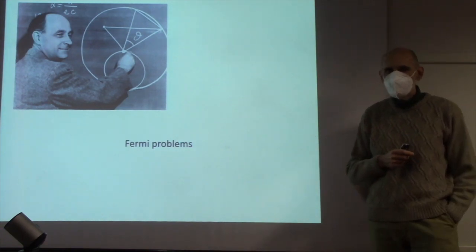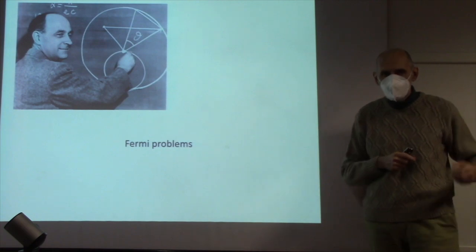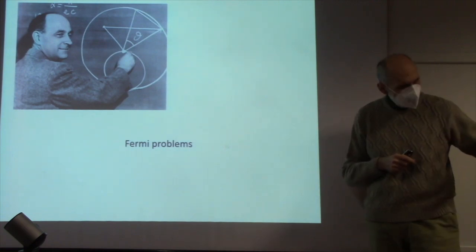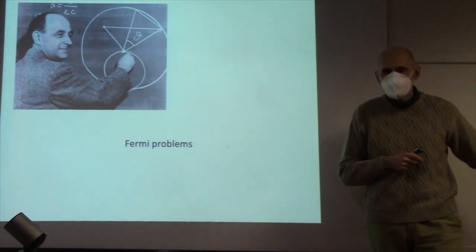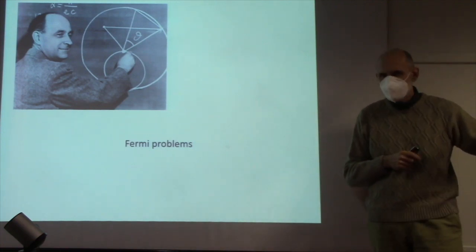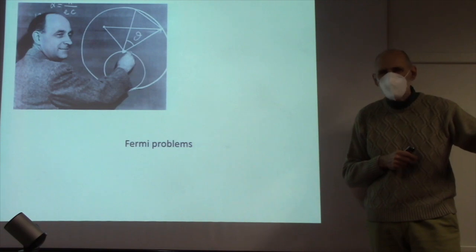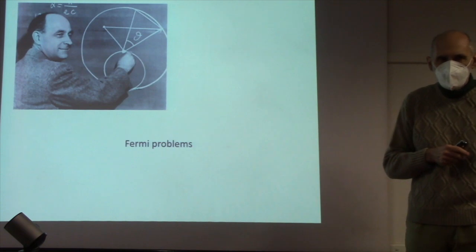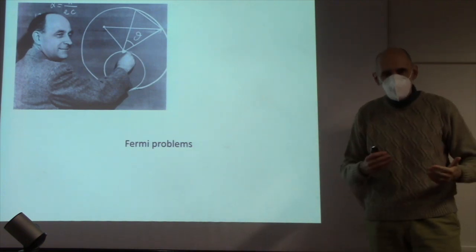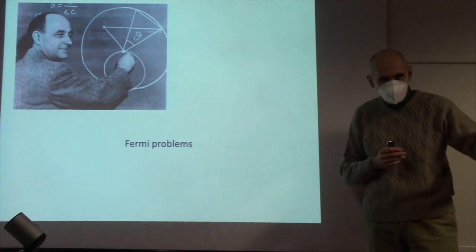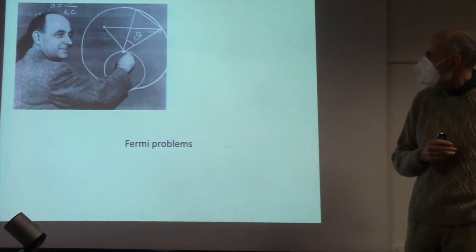When the bomb exploded, he had a few bits of paper in his hand. He let them go and looked at where they fell. And he said, I don't remember exactly, I think it was a 1.8 kiloton explosion. Then the other scientists went through 2 hours of calculations and came to a very close conclusion.